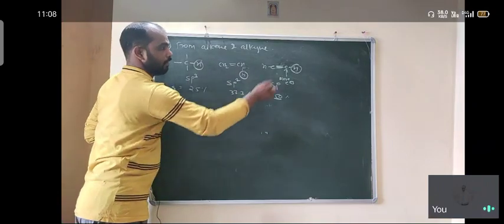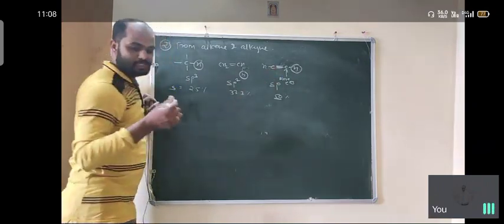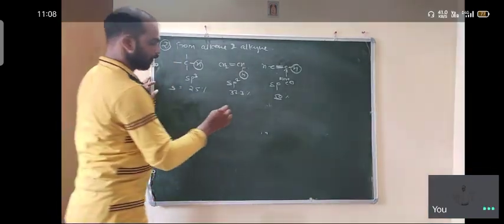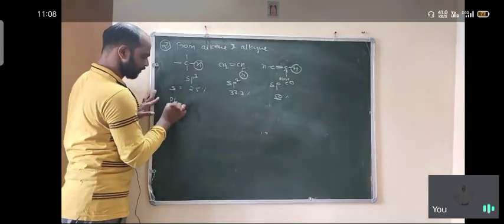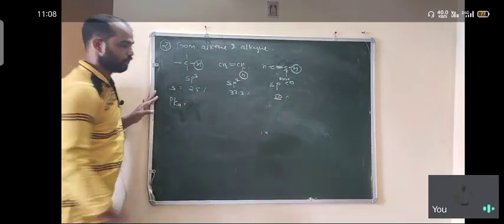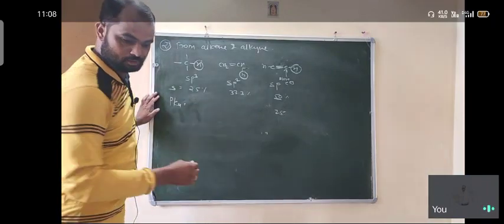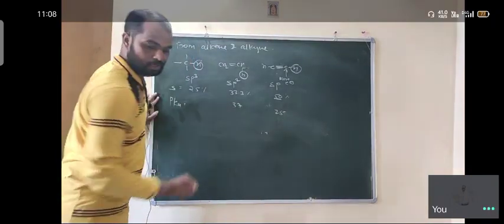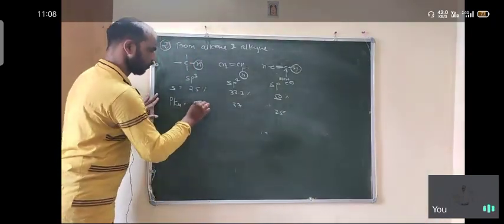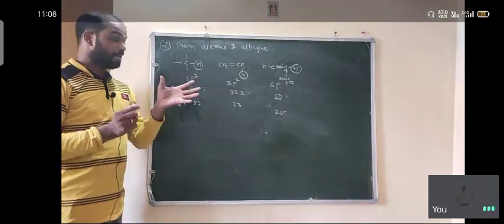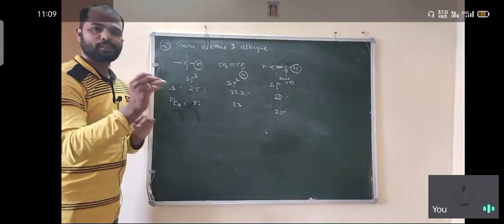If you compare the acidic strength, it is measured as a pKa value. Here the pKa value is 25, here 37, and here 52. You already know acidic character is measured as a pKa value. The lower the pKa value, the more acidic the character.